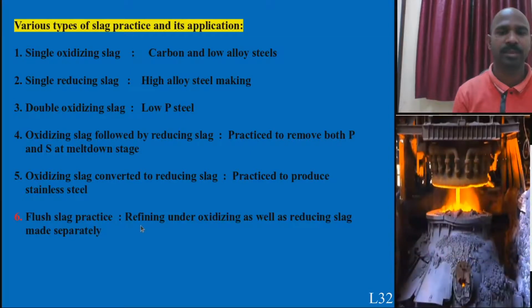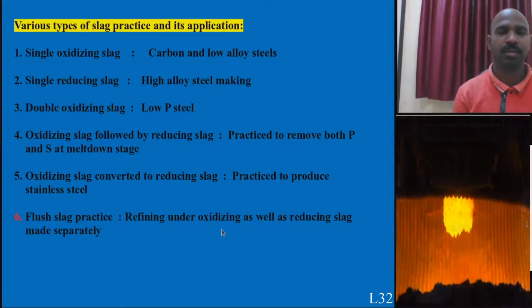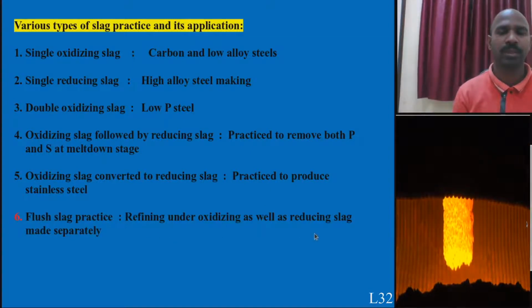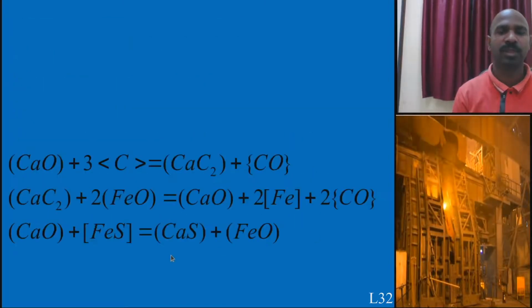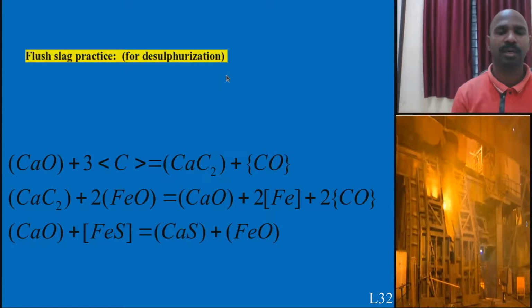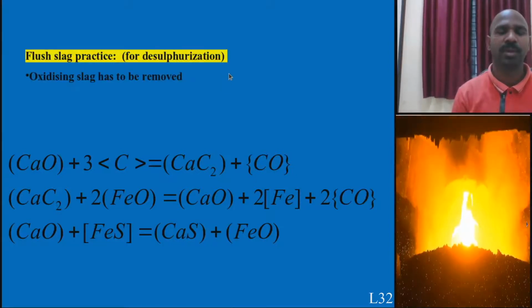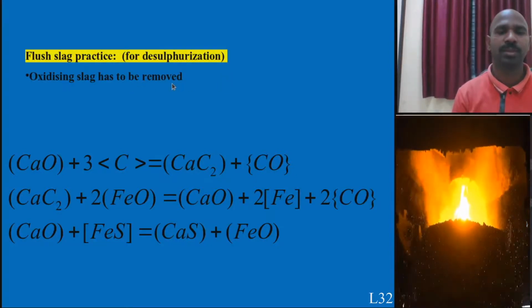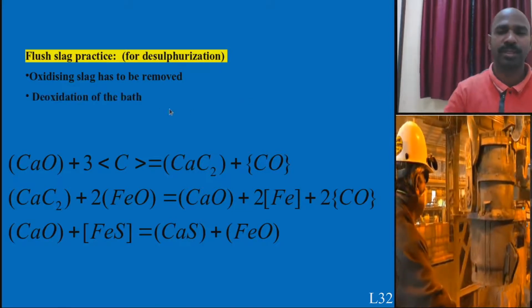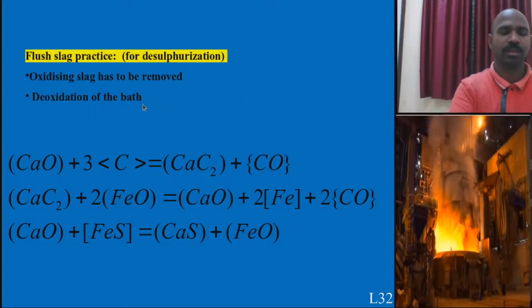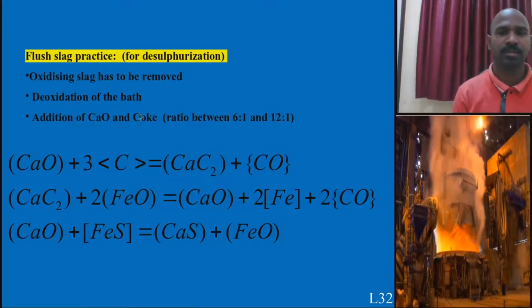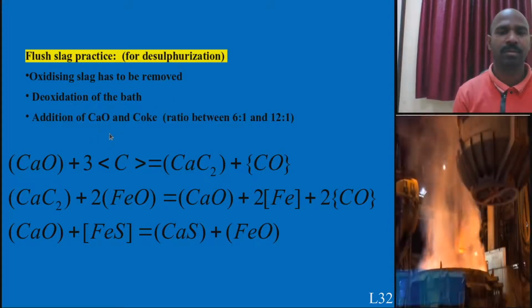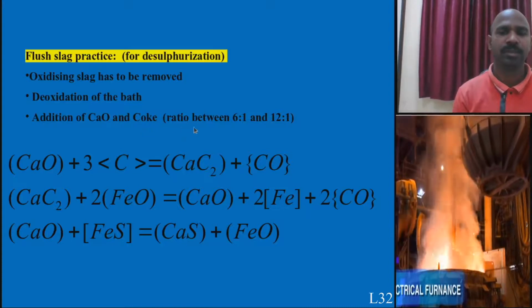And in flush slag practice, the refining of oxidizing slag and reducing slag is done separately, mainly to remove the sulfur to a further extent. Oxidizing slag is removed initially, then deoxidation is allowed to take place, and some amount of CaO and coke is added.